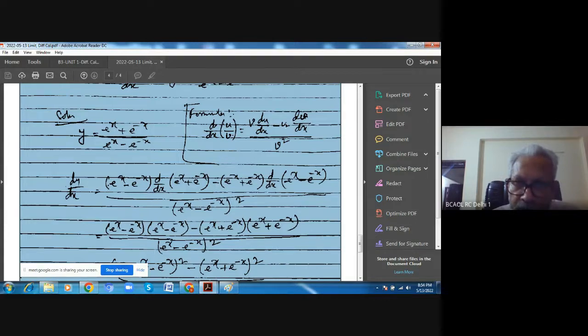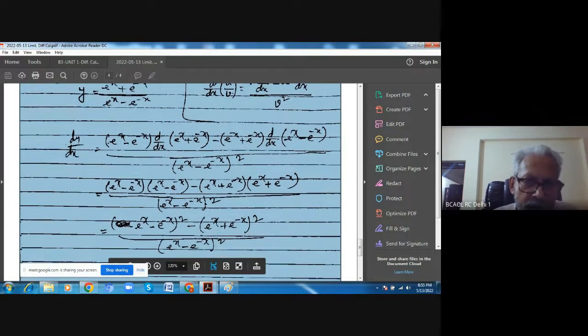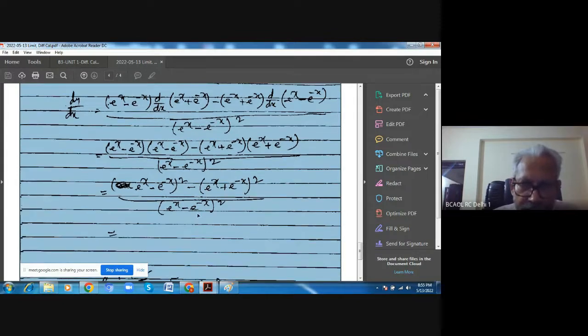Minus, then u, the upper portion remains the same, and the lower v we differentiate, dv. And this is v square, so e to the power x minus e to the power minus x, that is squared. That's all. All these things you put in the formula. After that, simplify with simple multiplication and algebra, and then you get the result. This is the way you can do it.